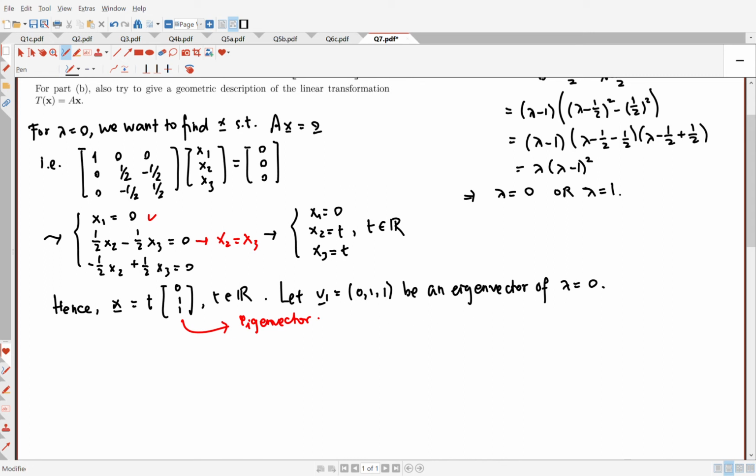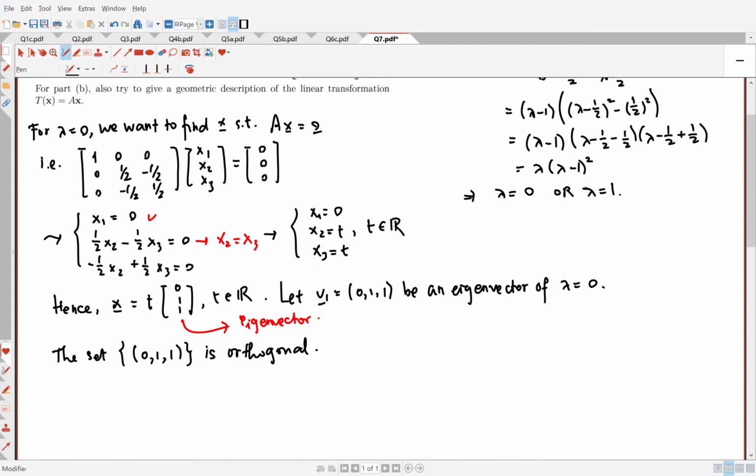And the set {(0, 1, 1)} is orthogonal, but it is still not orthonormal, so I just need to change the length of this into 1 by dividing by the length of this.